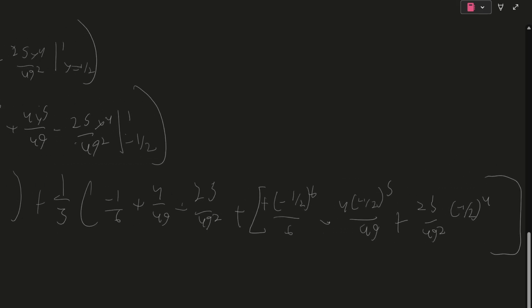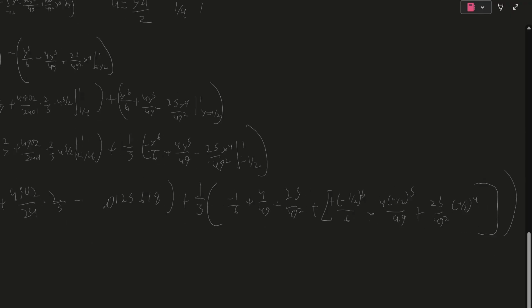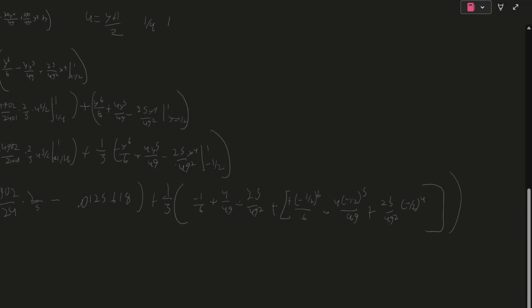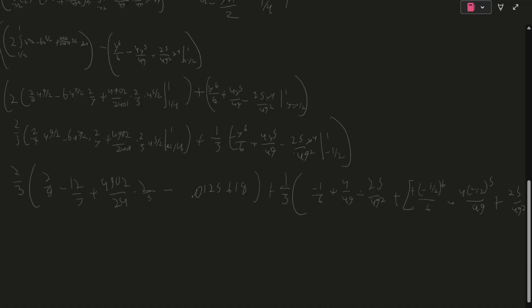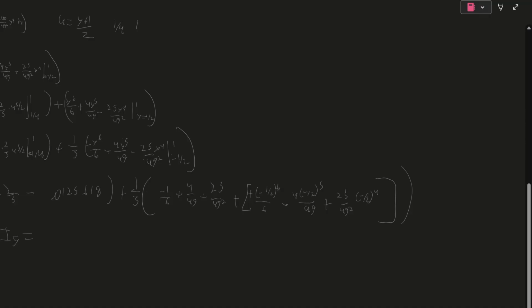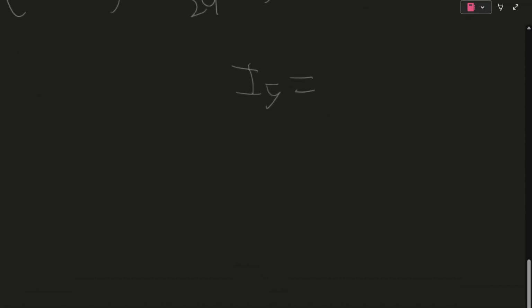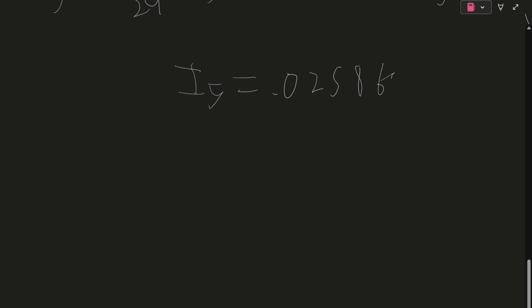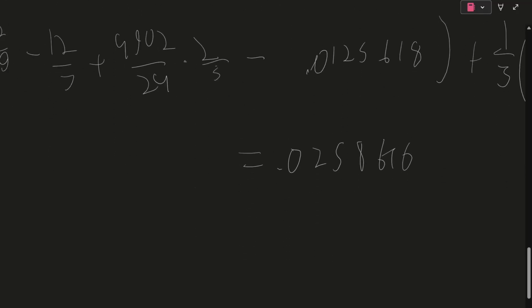And so now we can go ahead and plug this into our calculator and get a final value for our moment of inertia about our y value. Righty, and for this expression we get I sub y is equal to 0.0258616, and this is just part of our I sub y, so this integral.